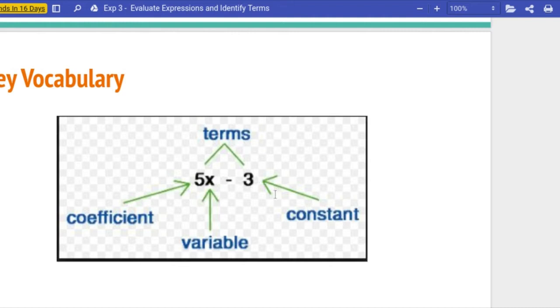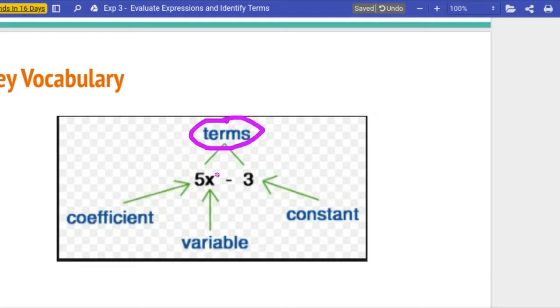So right here in the middle, we have our expression of 5x minus 3. The first vocabulary term that we are going to talk about is this one right here. What are the terms? If you think of an expression like a sentence, the terms are the words in each sentence. And just like we separate words with spaces, in a number sentence, we separate terms with an addition or a subtraction symbol.